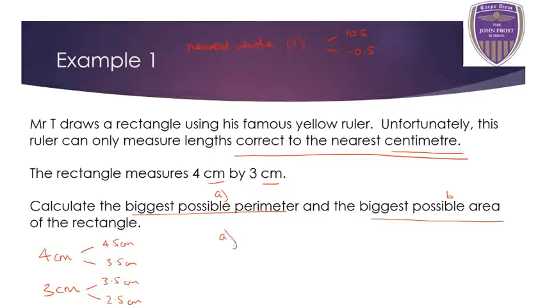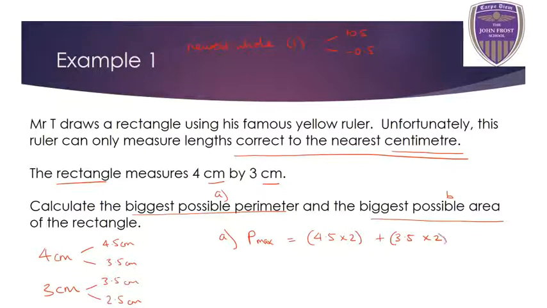So for A, the biggest possible perimeter, I'm going to write P for perimeter and then max. So this means it's the maximum perimeter. You just need to remember this is a rectangle. To find the perimeter of a rectangle, all you do is add the sides together. So if we want the maximum possible perimeter, then we use the maximum values. We're going to use 4.5 twice, because it's got 2 sides that are 4.5, and we're going to use 3.5 twice and just add them together.